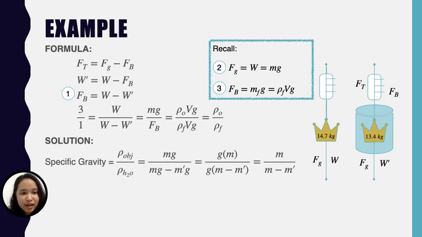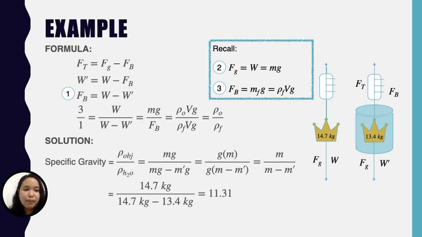Since gravity is in both numerator and denominator, we can cancel it out. What remains is m over m minus m prime, which is 14.7 kilograms over 14.7 kilograms minus 13.4 kilograms, which is equal to 11.31.